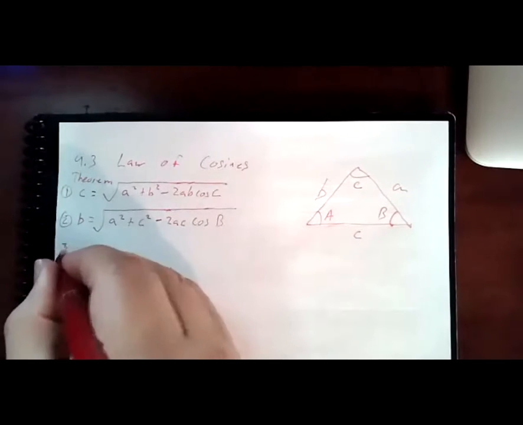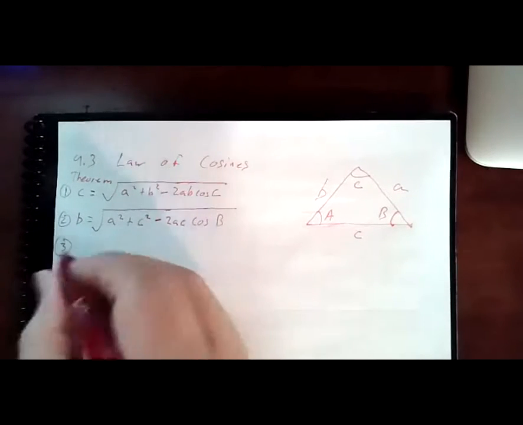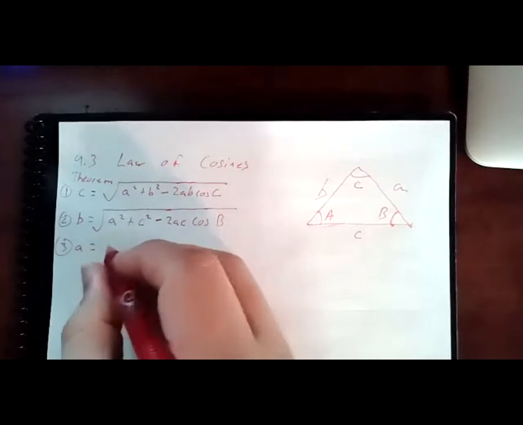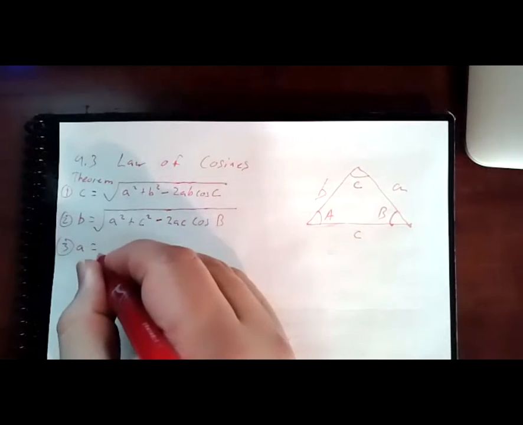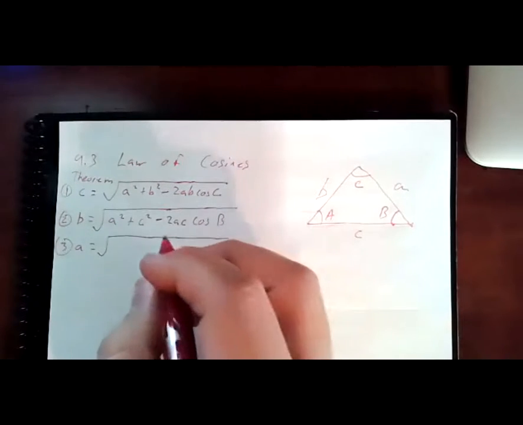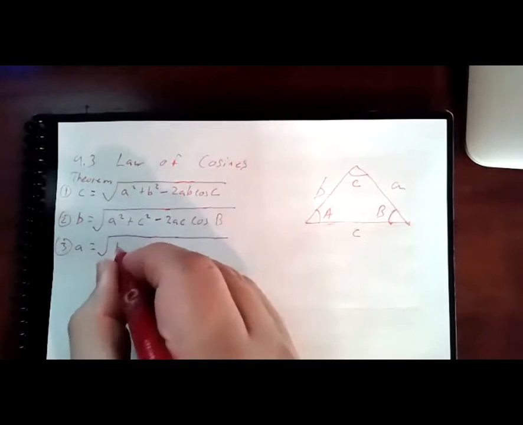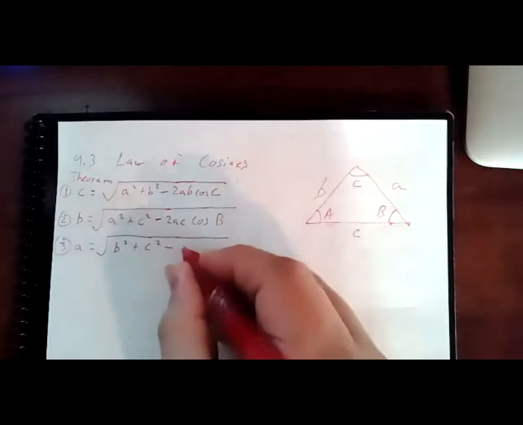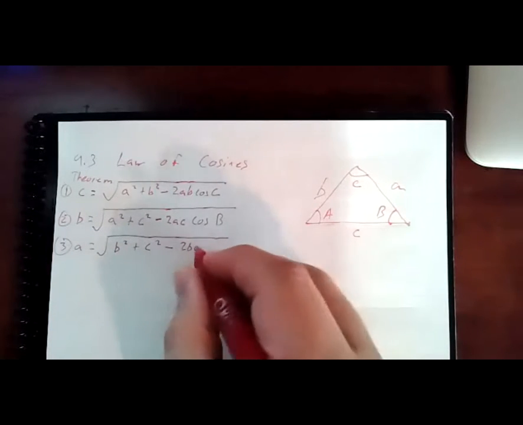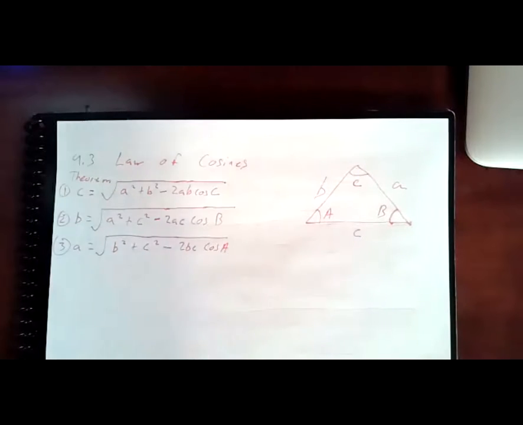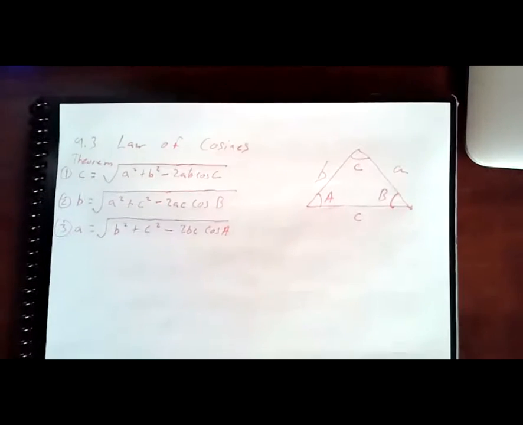All right. Little a is equal to the square root of b squared plus c squared minus 2bc cosine a. So I'm trying to make these formulas easier for you.